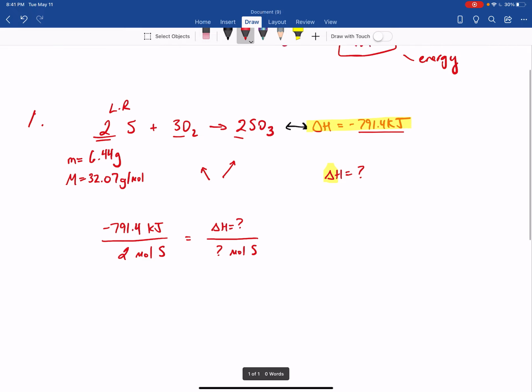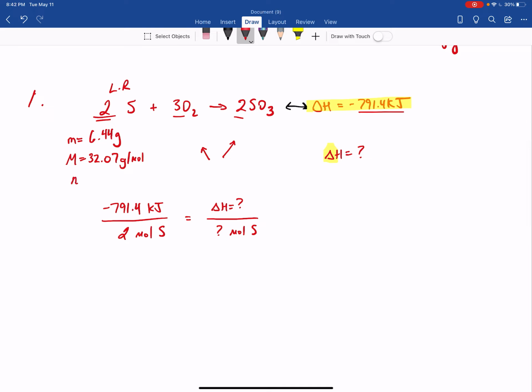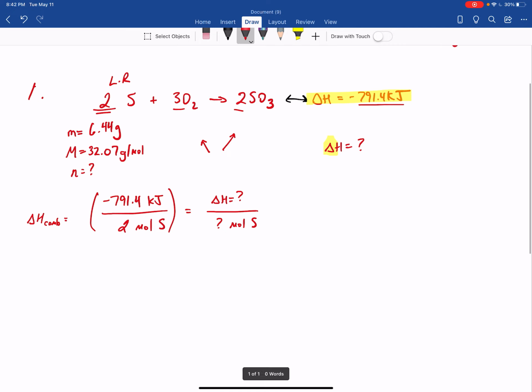So if we determine the number of moles of sulfur, we can set up a mole ratio with the energy, and then we can solve it from there. Because when we solve this first fraction, that gives us the value for combustion, and that has to be true of sulfur in all amounts throughout this reaction.